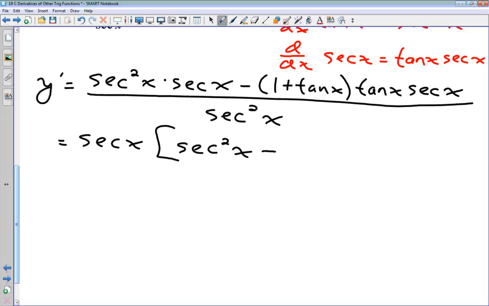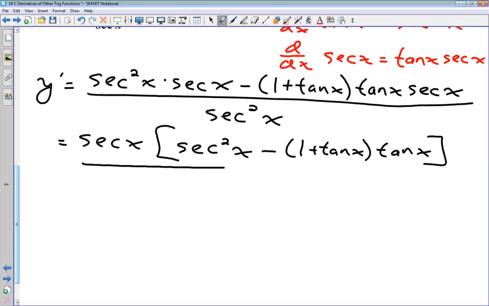The second term, I will be left with the 1 plus tan x times the tan x. On the bottom, still have secant squared x.